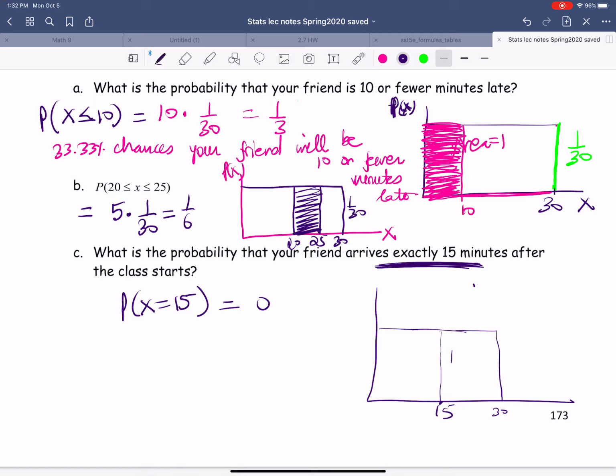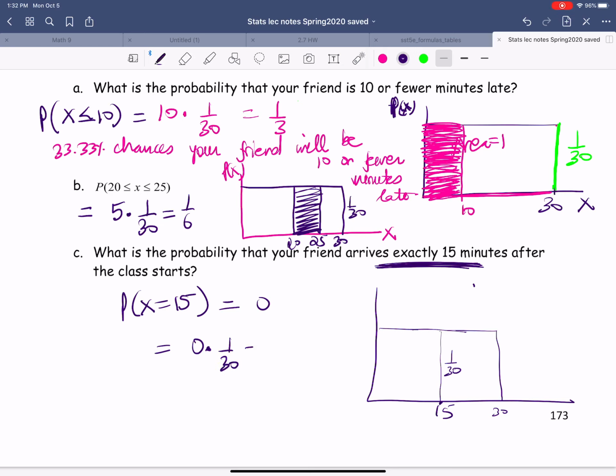We do have the height, 1 over 30. The width of the rectangle is 0, because we are not looking between 14 and 16. We're not looking between 14.9 and 15.1. We're looking at exactly 15.